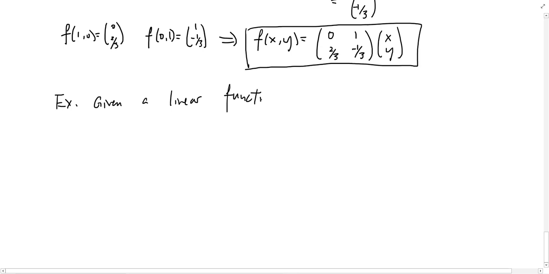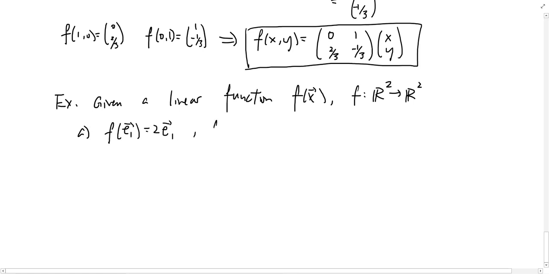So given a linear function f of vector x, where f maps from R2 to R2, let's say A, we're given f of vector E1 equals 2E1, and f of vector E2 is equal to 3E2, find f.